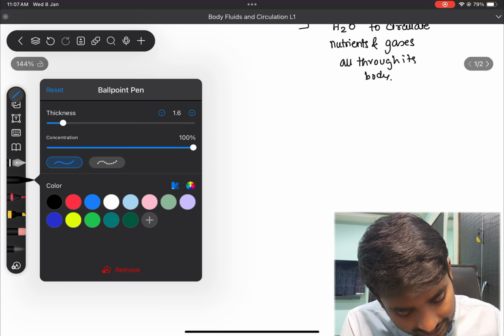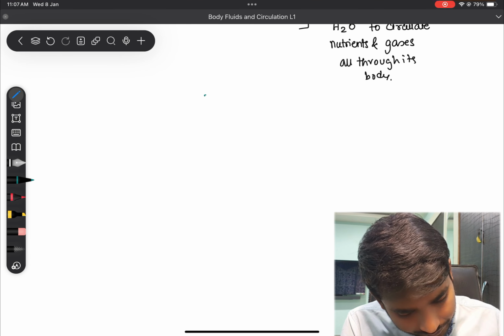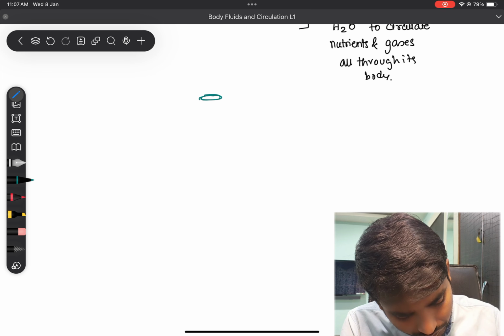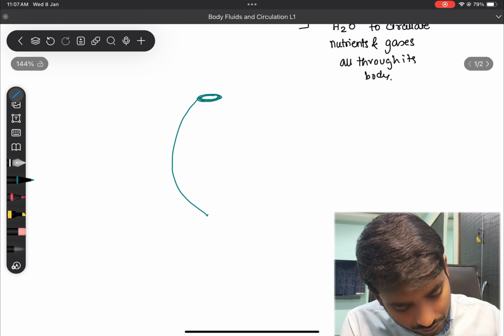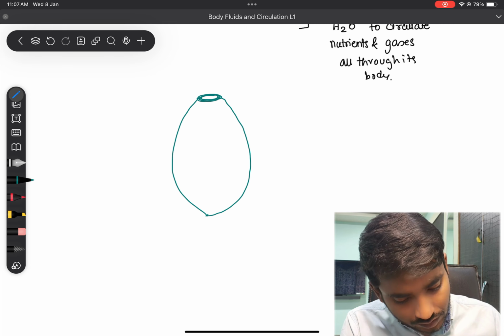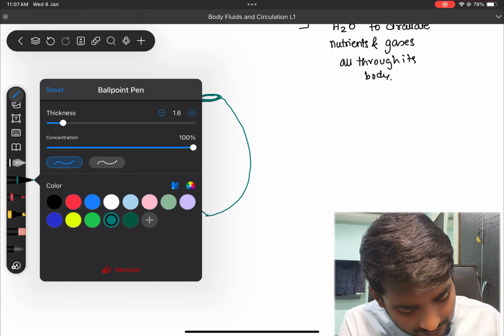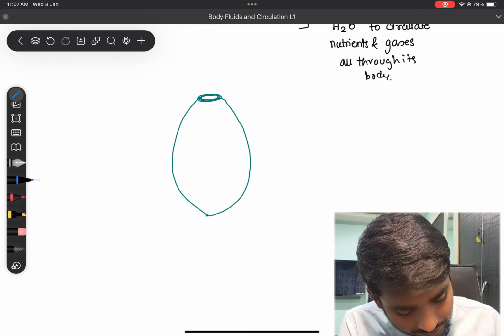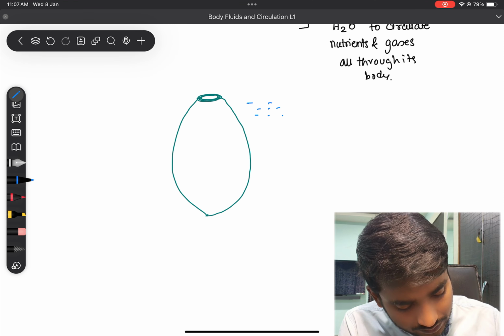Now I am drawing a simple diagram. These are the waters beside it.